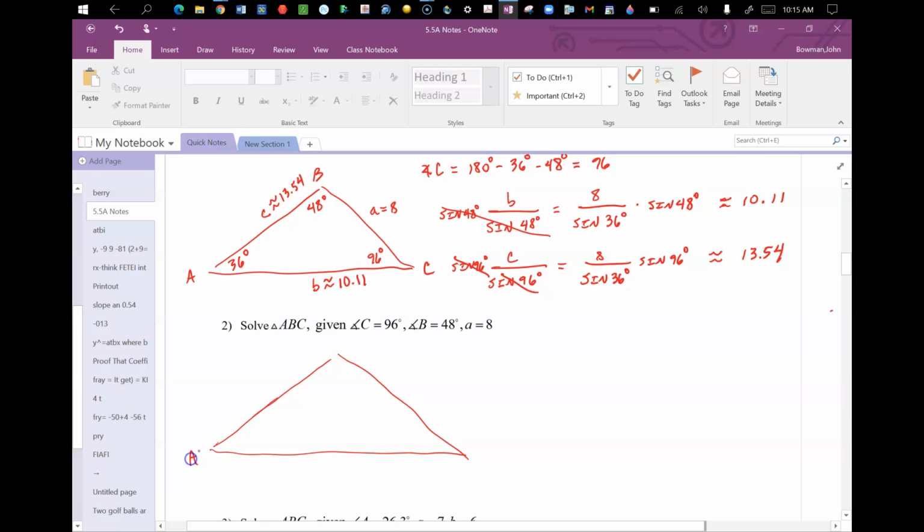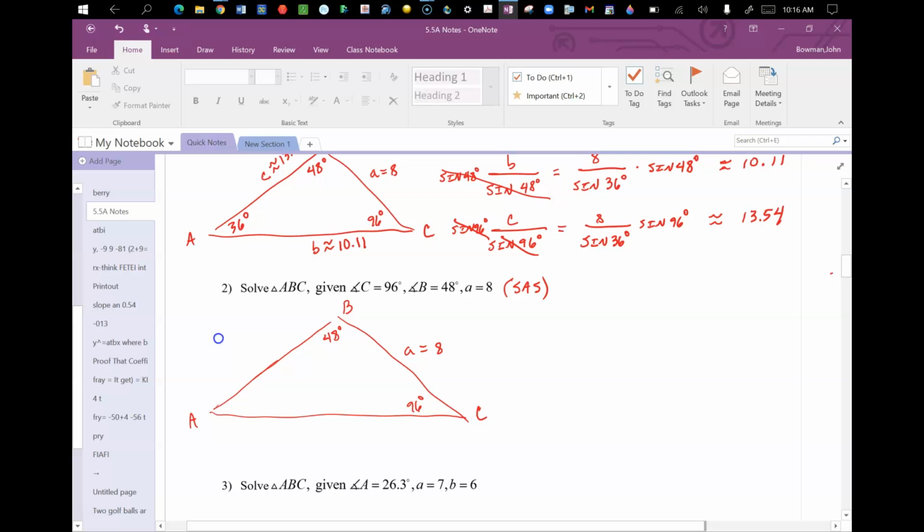So we have angle A, angle B, angle C, again, not drawn to scale. Angle C, 96 degrees. Angle B, 48 degrees. And side A is equal to 8. So we have the side angle side situation.